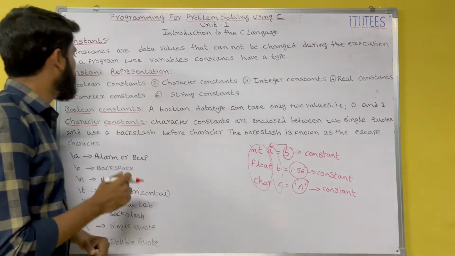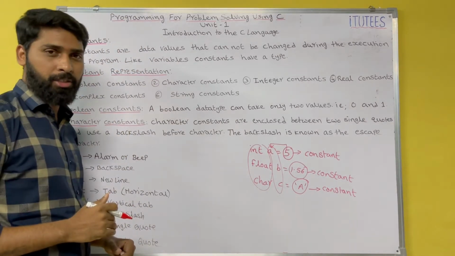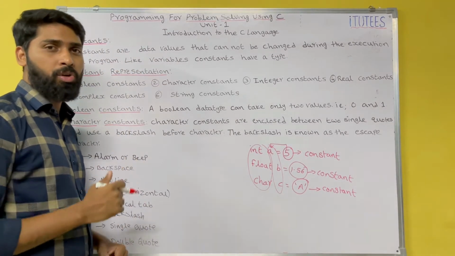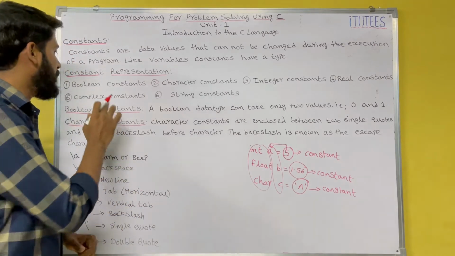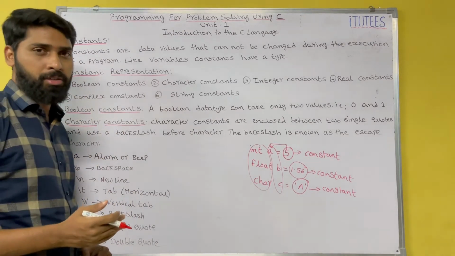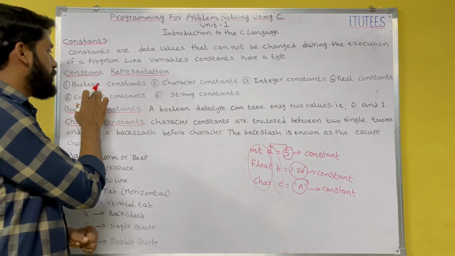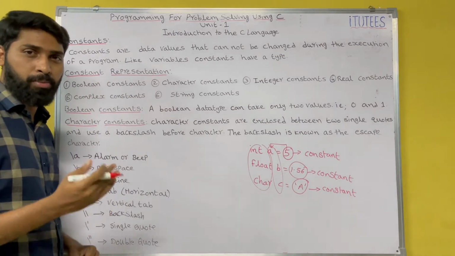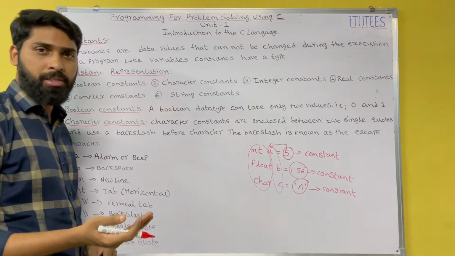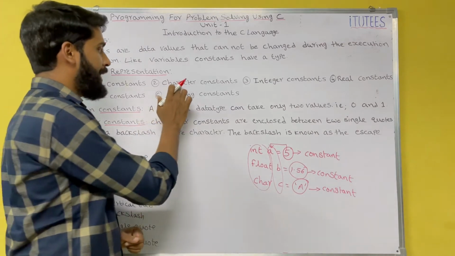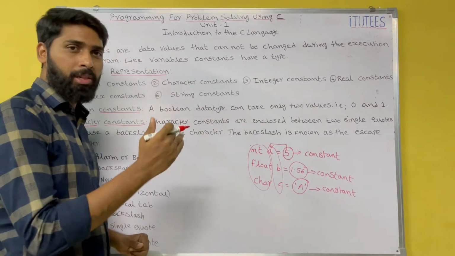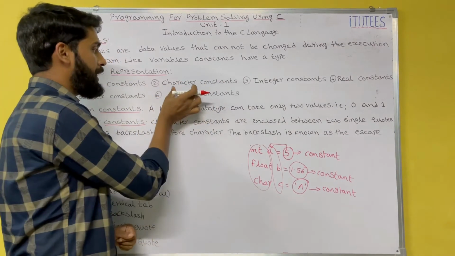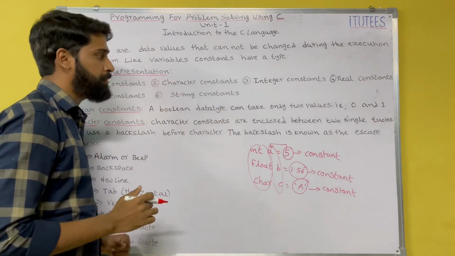Now we see constant representation. How can we represent constants in the C language? There are different types of constants. One is Boolean constants. Boolean is a data type with two values, true or false. Character constants: all the character set we call character constants.